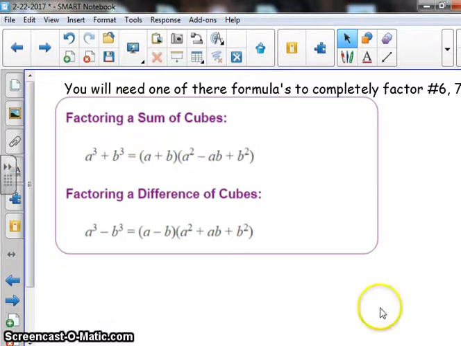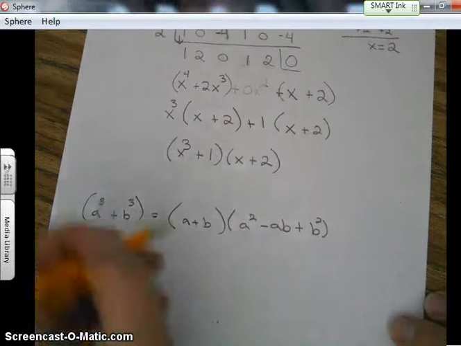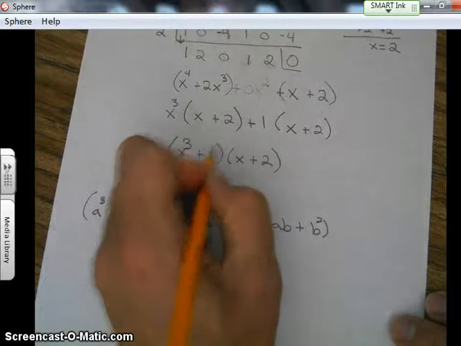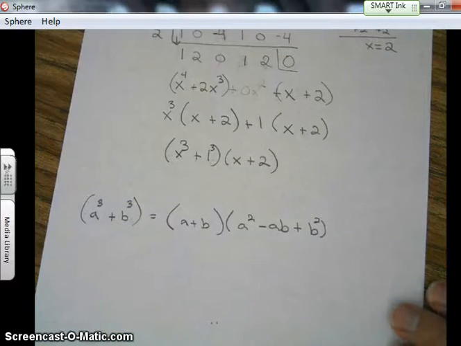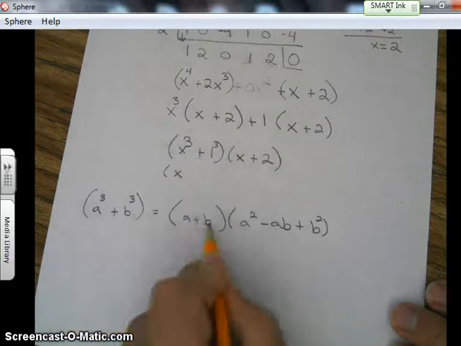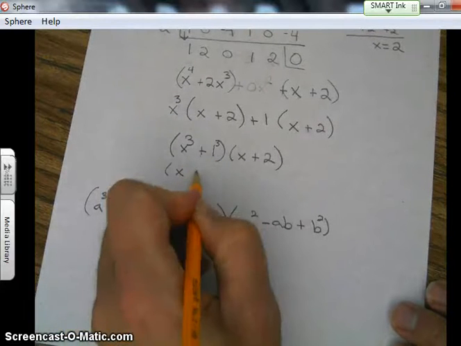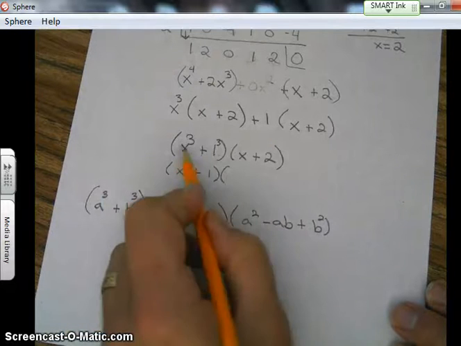All right, let's go back to this. So I'm just going to put a cube on here. 1 cubed is still 1. So the a value is x. The b value is 1. The a value is x.